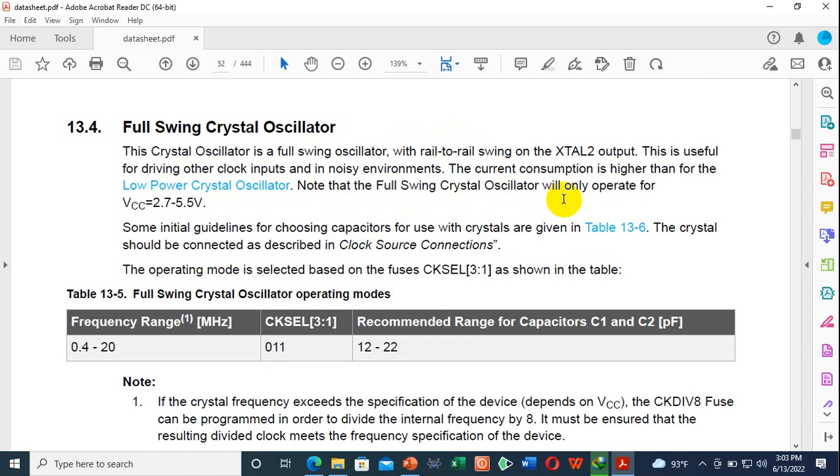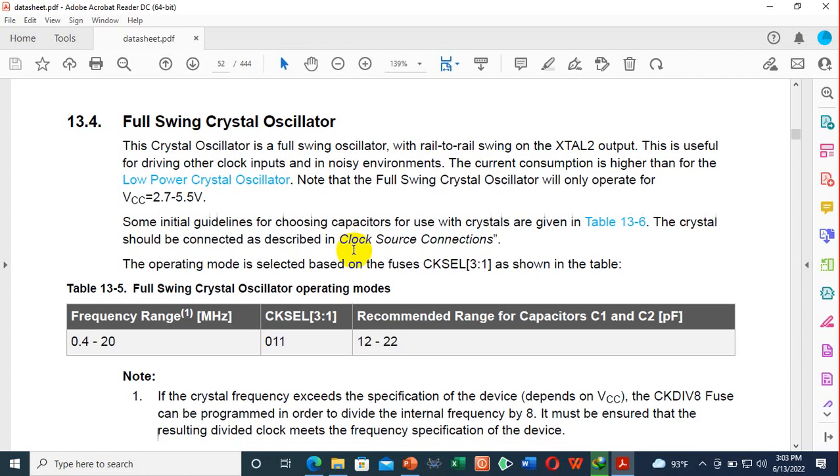The full swing crystal oscillator will only operate for VCC 2.7 to 5.5 volt. So that's the clock select 011, frequency range 0.4 to 20 megahertz, and the recommended capacitor value is 12 to 22 picofarad.